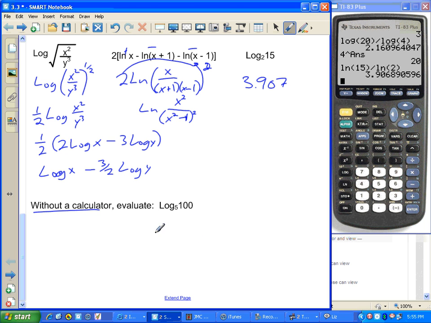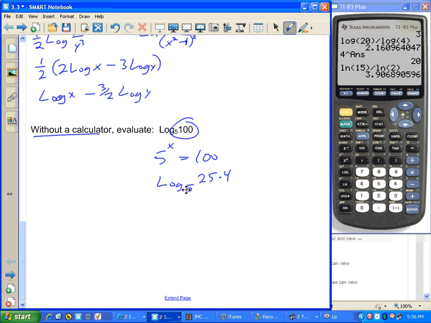Without a calculator, I just need to know 5 to what power equals 100. Okay, well, 5 to a power isn't going to equal 100. But what I can do is I can change this 100 so that it's log base 5 of, now let's do 25 times 4. Well, log base 5 of 25, that's the same as log base 5 of 5 squared.